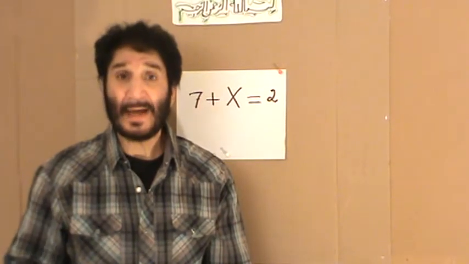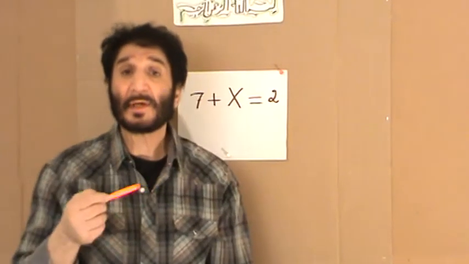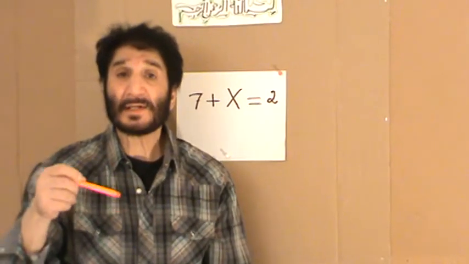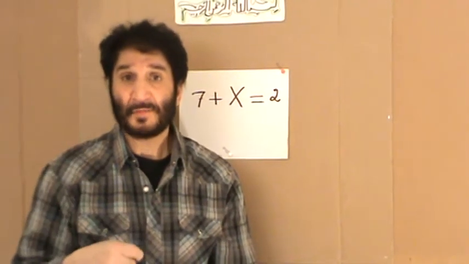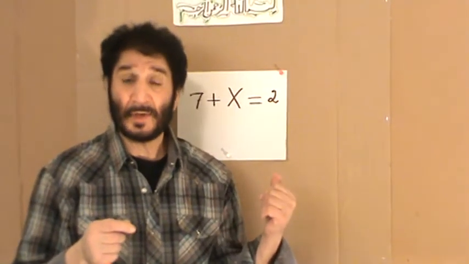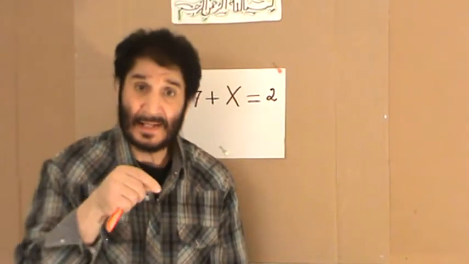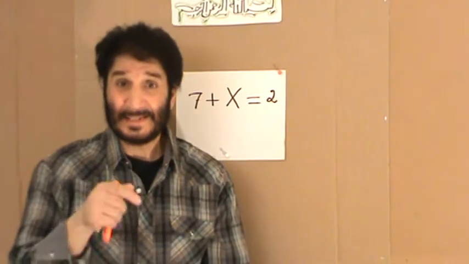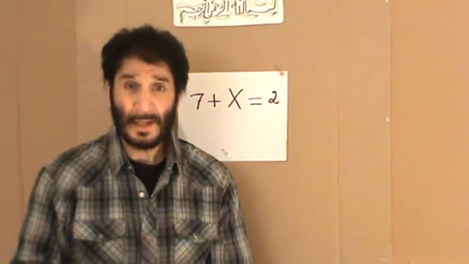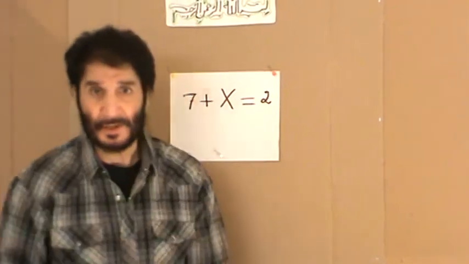So we demand that the binary operation cause the set to be closed, which means any two elements in the set, the result with respect to the operation must be an element in that set.